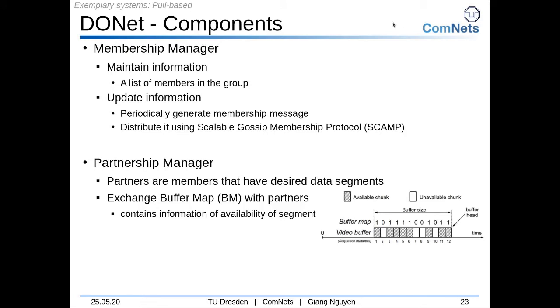Now let's have a look at one example of the buffer map. Here is the timeline, and we have the buffer map of a certain site, with 12 video packets inside.